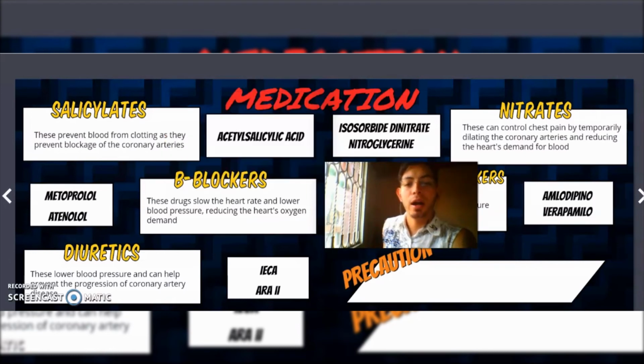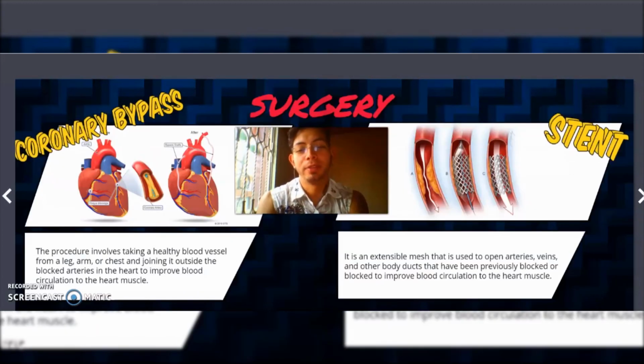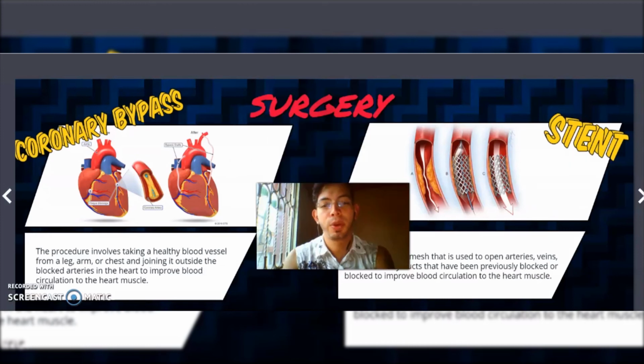There are also beta blockers. They reduce heart rate and blood pressure and reduce cardiac oxygen demand, such as metoprolol and atenolol. Okay, now I will tell you about surgeries of coronary patients. Coronary bypass.